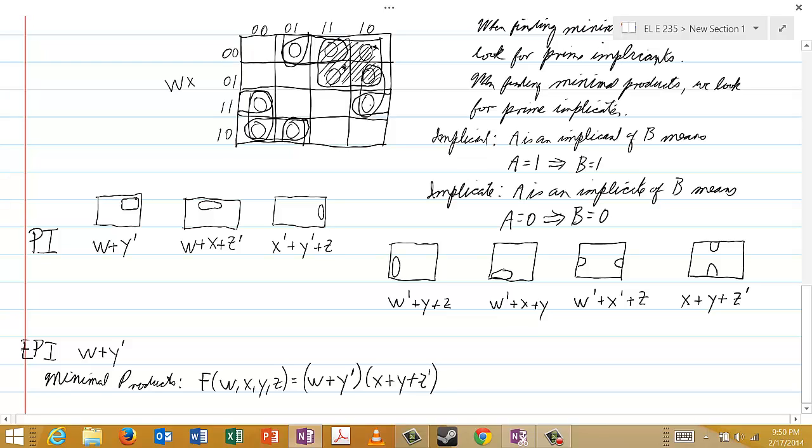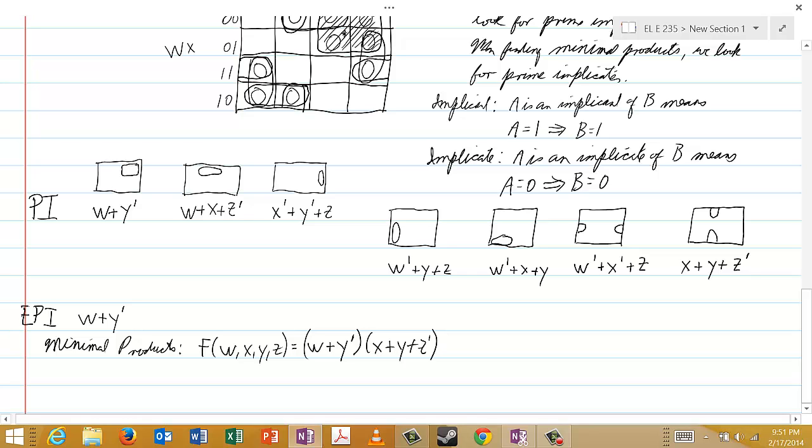Now keep in mind, I don't want to shade them in quite yet because we obviously have multiple minimal products in this problem, so I don't want to get things confused. But let's go ahead and see. I took this to begin with, and now based on that choice, let's see what other choices we have. So one would be to take this prime implicate right here in the 3rd row, and that one is W prime or X prime or Z.